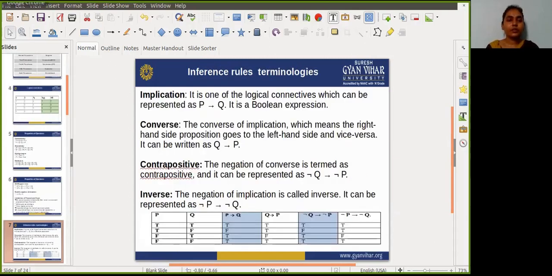Our next topic is inference rule terminology. First understand what an inference rule is, and after that we will learn about the terminology. So first, what is inference?